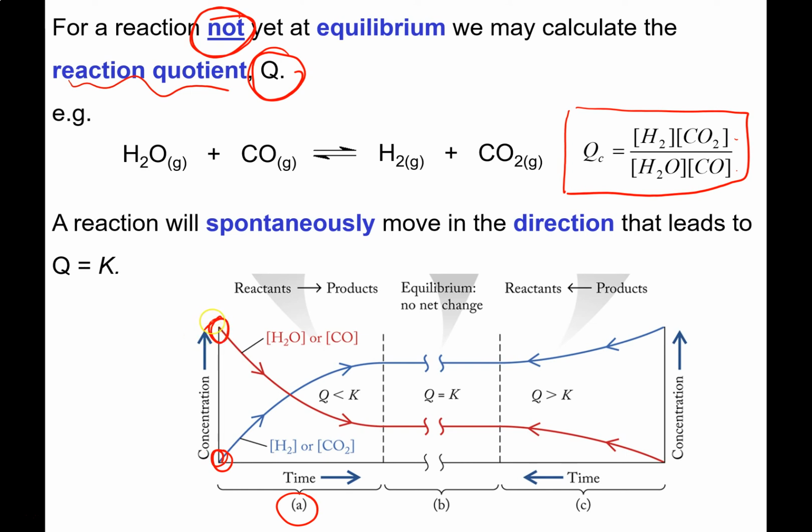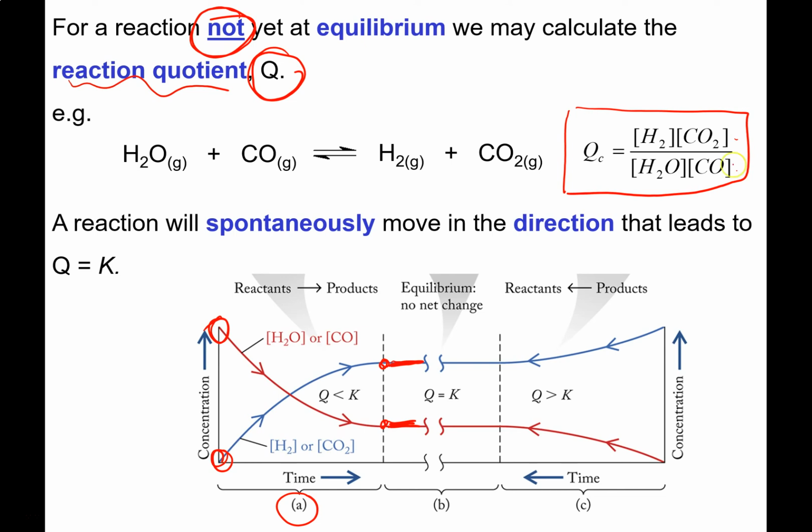What's going to happen over time is that the reactants get turned into products, and eventually we reach equilibrium, and then the amounts of our reactants and products stay the same. So when we have too many reactants and not enough products to be at equilibrium, what's going on?